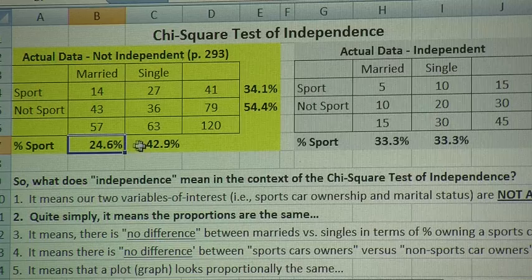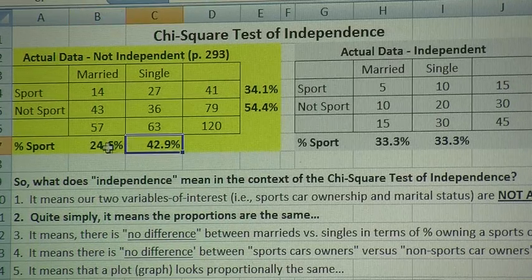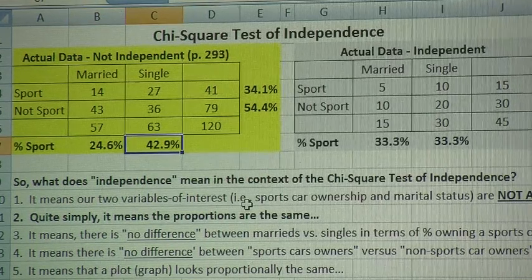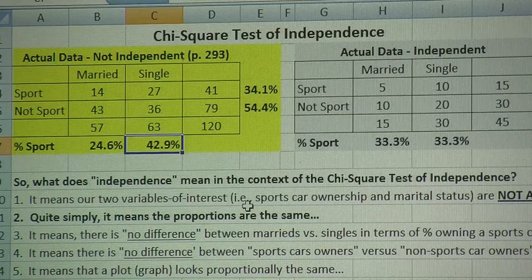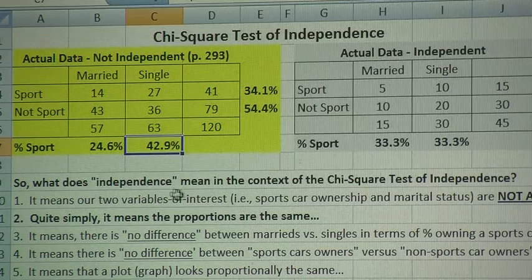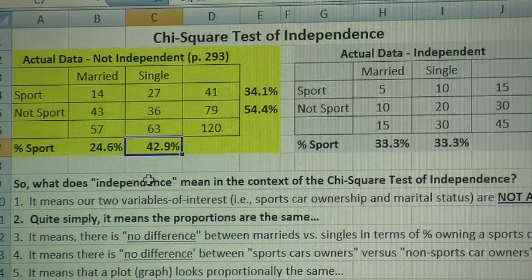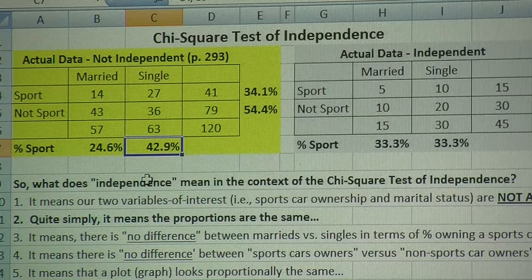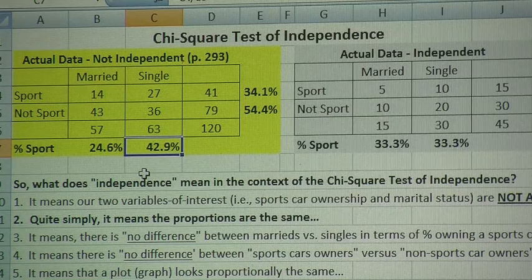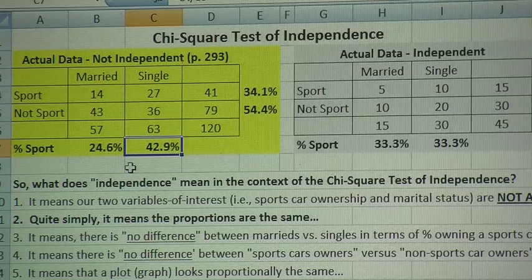Or is the difference small enough to conclude that it's only attributable to random sampling variance, and that indeed our population proportions would really be the same? That's why we do the chi-square test of independence.